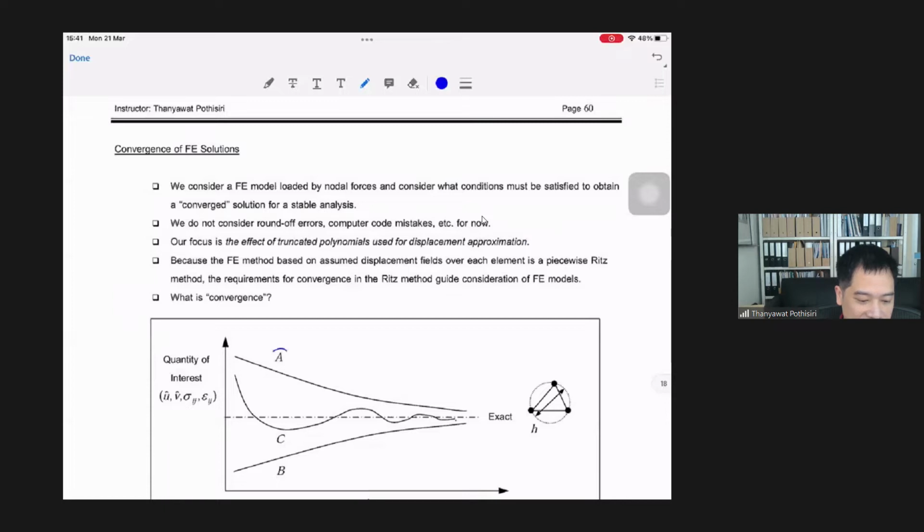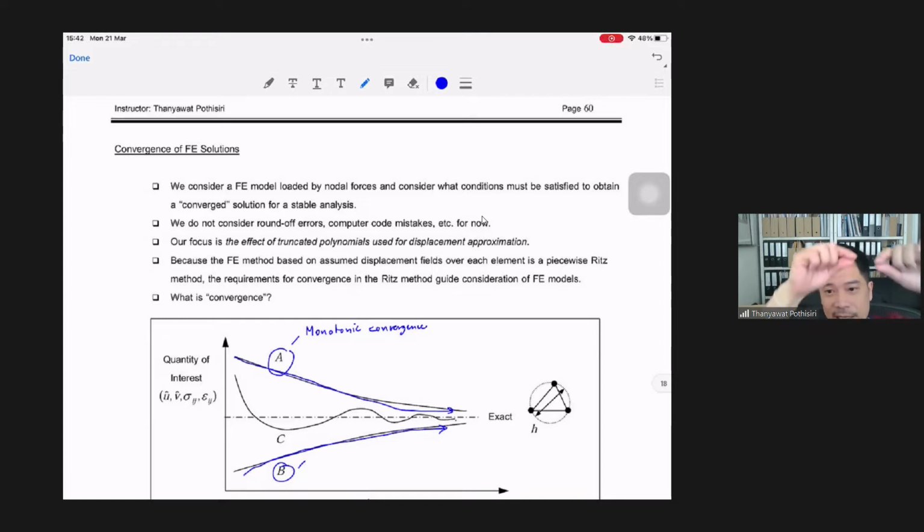You can get closer from a higher value like this, or get closer to the exact solution from below like this. So for either A or B, we call this monotonic convergence. Monotonic convergence means if you come from a larger value, it always keeps decreasing like this.